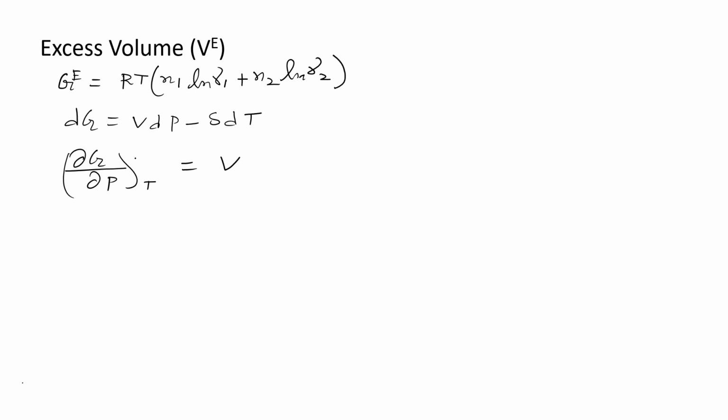So from here we can write ∂G excess/∂P at constant temperature is equal to excess volume. So excess volume is nothing but the differentiation of excess free energy with respect to pressure at constant temperature.